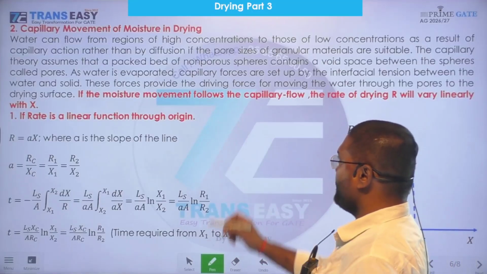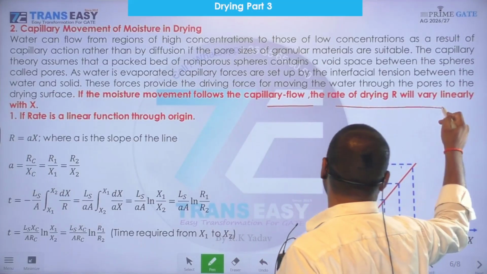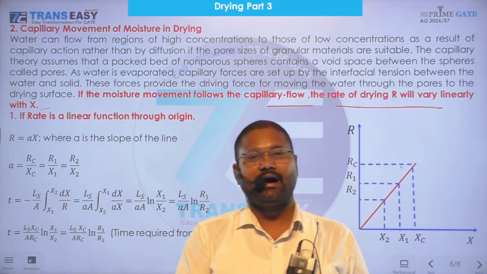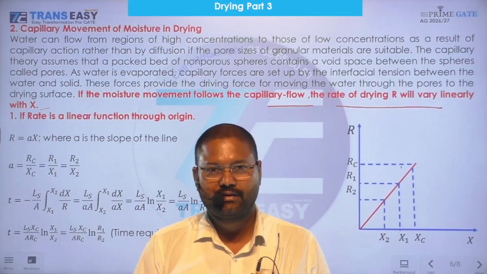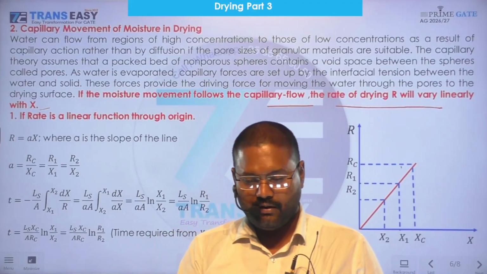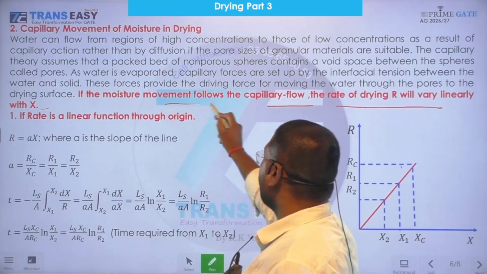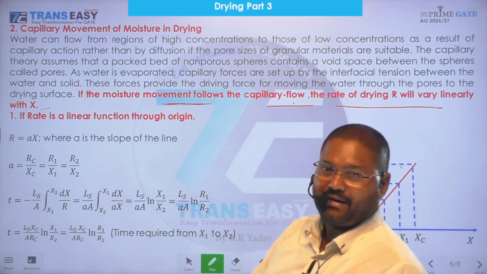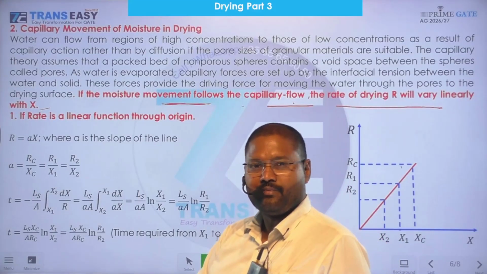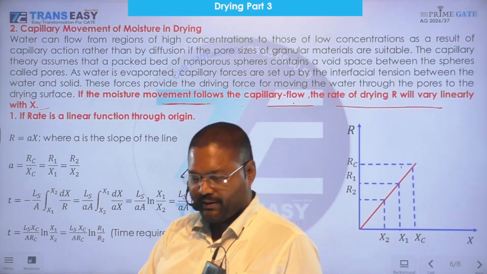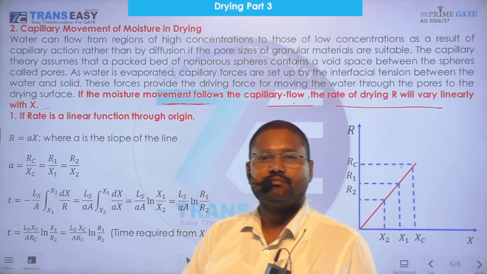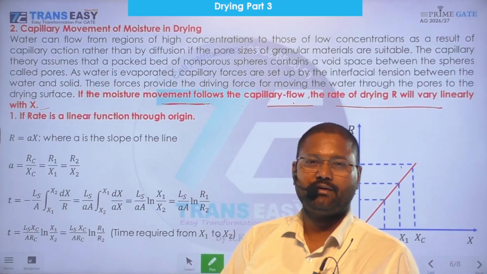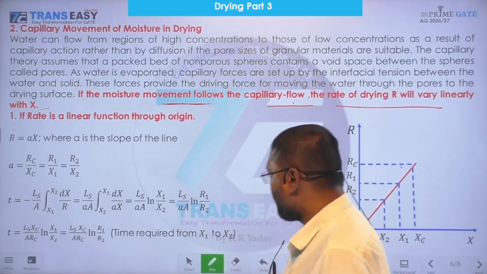If the moisture movement follows the capillary flow, the rate of drying R will vary linearly with X. So here R varies linearly with X, right? If moisture movement is induced by capillary action, in that case, we assume drying rate is a linear function of free moisture content, right?